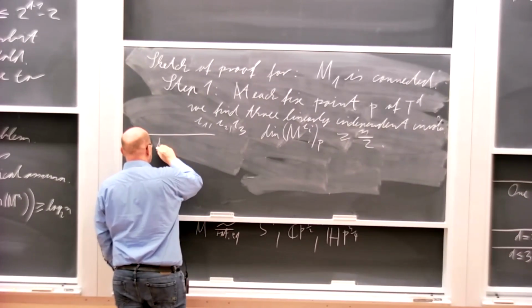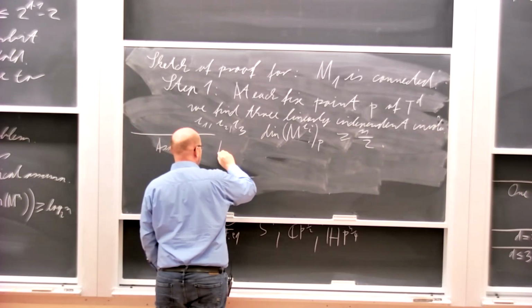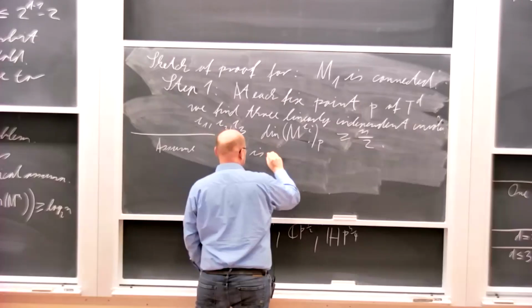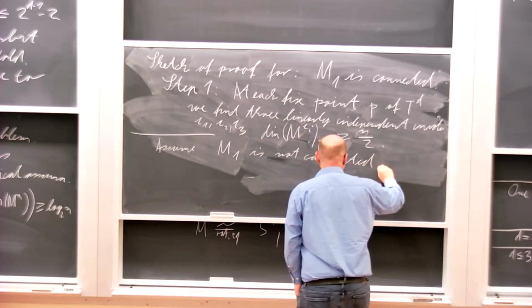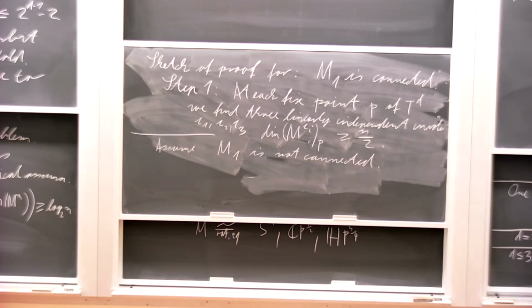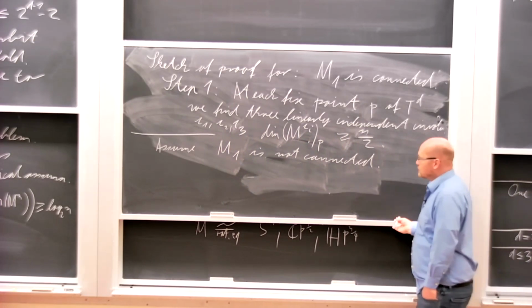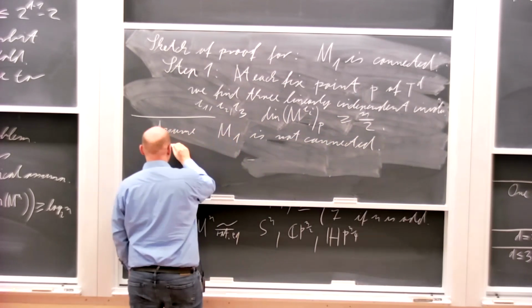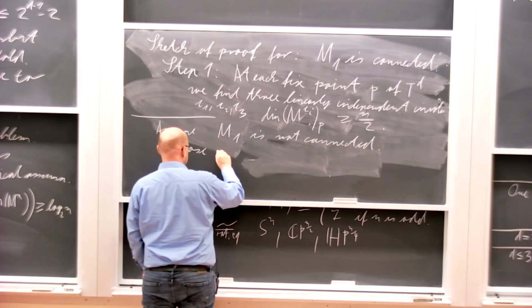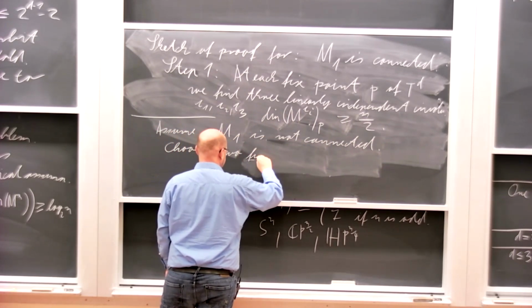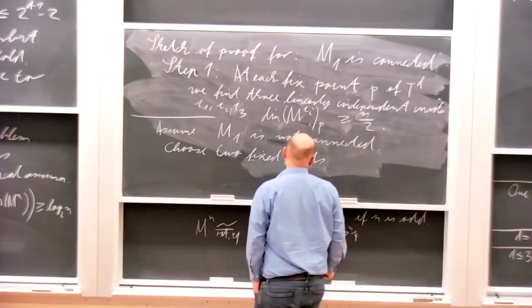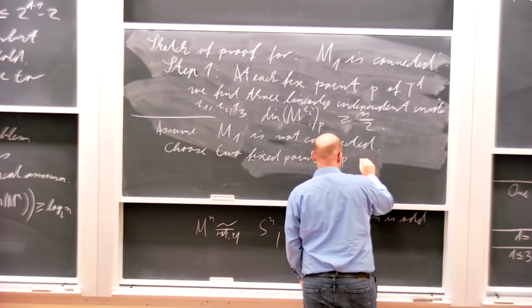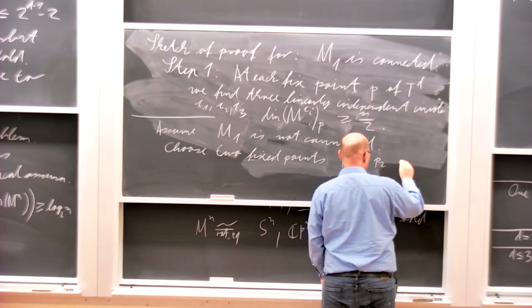And then the strategy is as follows, right? So assume M1 is not connected. Right, so the one skeleton is actually not connected. So then choose 2 fixed points P1 and P2 in different components.